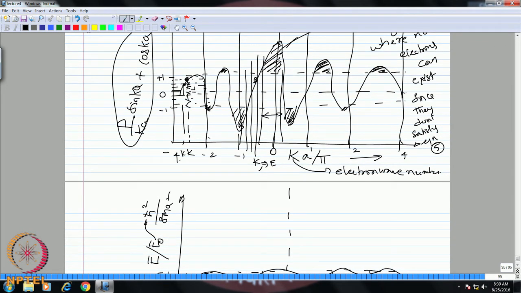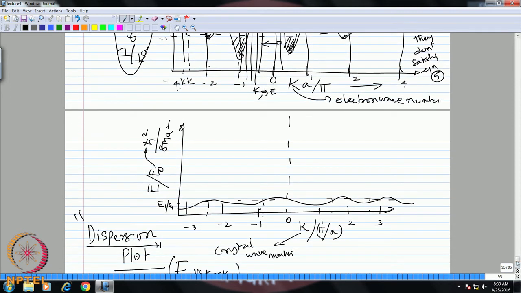So, wherever you have this band gap, you will have a big space. Okay. So, therefore, you can plot the next set of, so this is basically your band gap, okay, coming from the forbidden region.